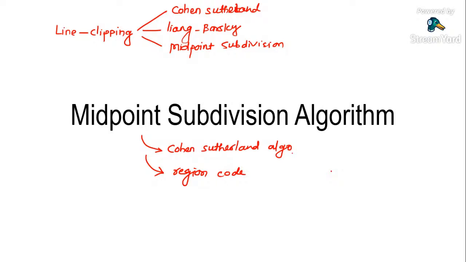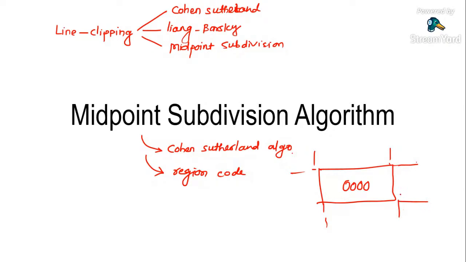I think you know that this is a window, and the window will have region code 0000. Then there are 9 different regions: left region, right region, bottom, top, like this. And you have to calculate a 4-bit code, that is B4, B3, B2 and B1.